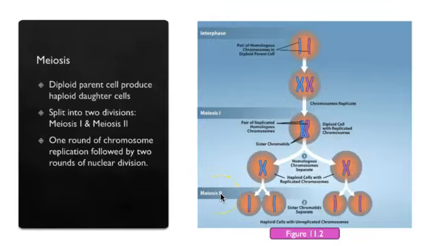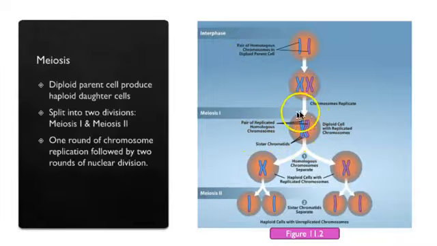Remember that mitosis, not these processes, produces daughter cells whose nuclei are genetically identical to the parent nucleus. And in mitosis, both the parent and the daughter nuclei are at the same ploidy level, which is diploid. We are going to see that this is different through the full process of meiosis.